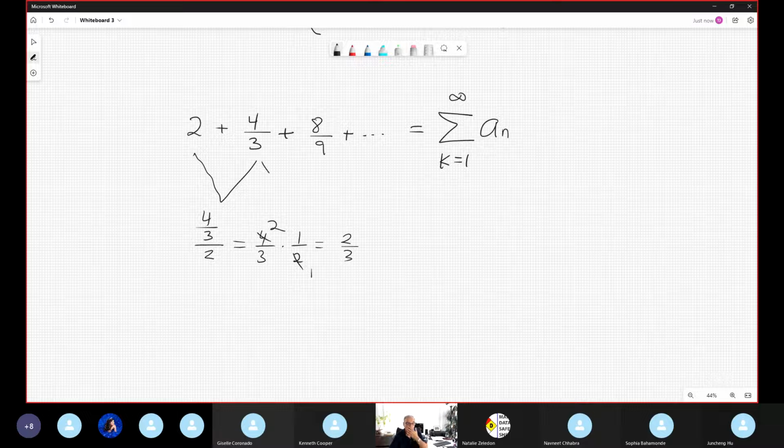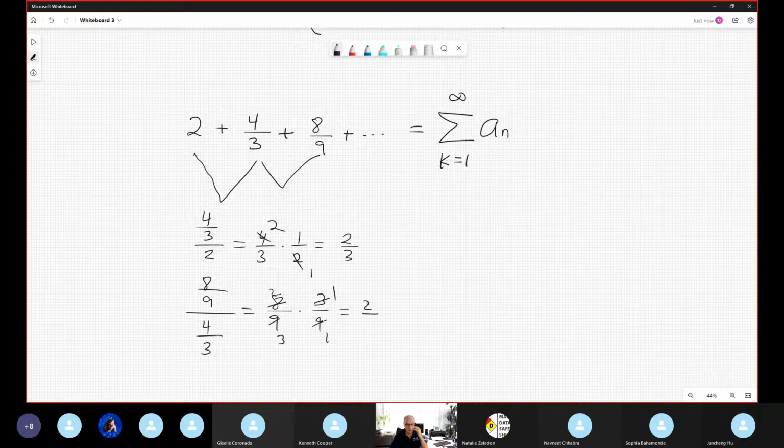Okay, let me do one more verification. Suppose 8/9 divided by 4/3. I copy exactly the same, convert the division problem to multiplication, flip the second fraction: 3/4. And do a little simplification: 8 divided by 4 is 2, 9 divided by 3 is 3, it's 2/3 again. Wow, fantastic. It's geometric, yes it is.